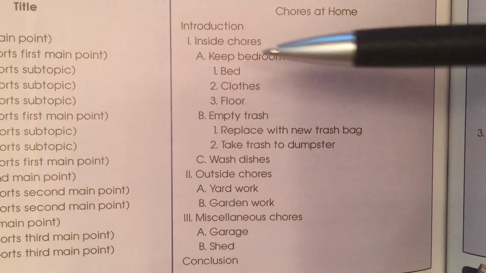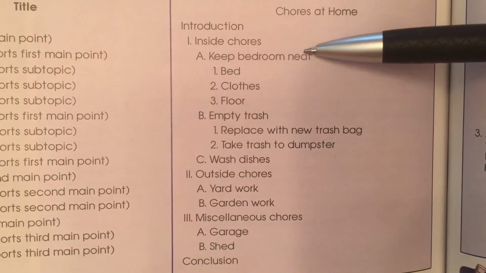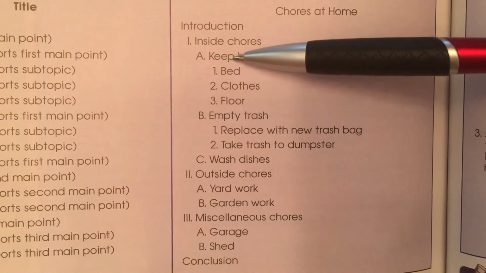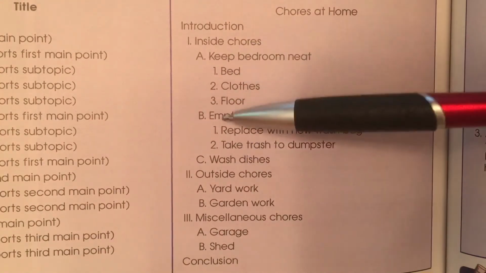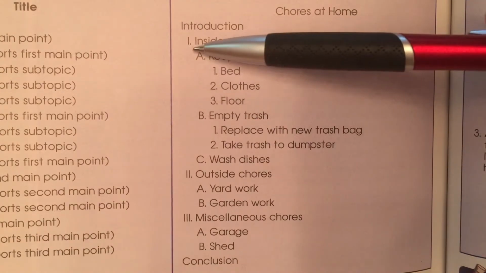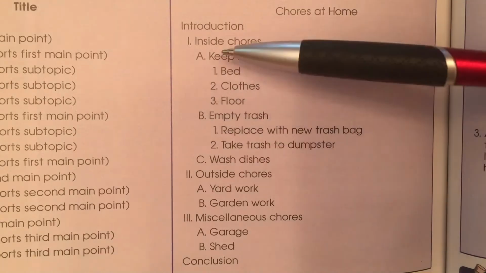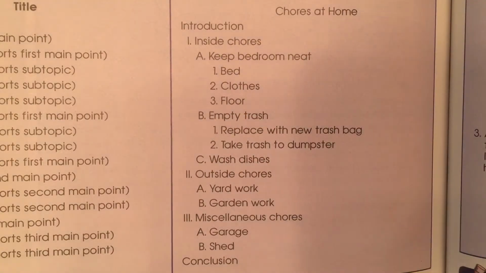Now let's look at their subtopics under main idea 1. Keep bedroom neat. Empty trash, wash dishes. Now these are verb phrases, right? But all the subtopics start the same way under the main topic number 1. So as long as A, B, C are parallel, which they are because they're all verb phrases, then it's fine.